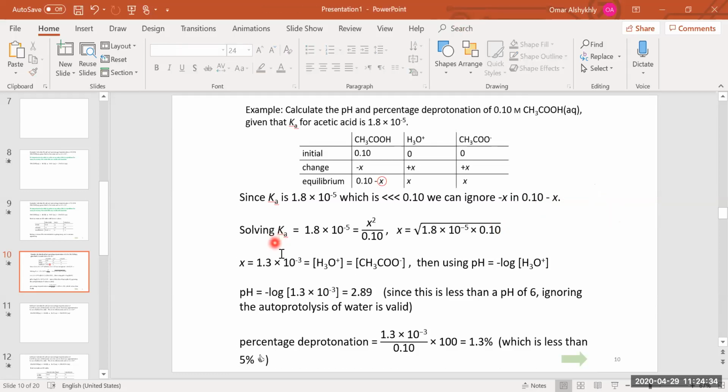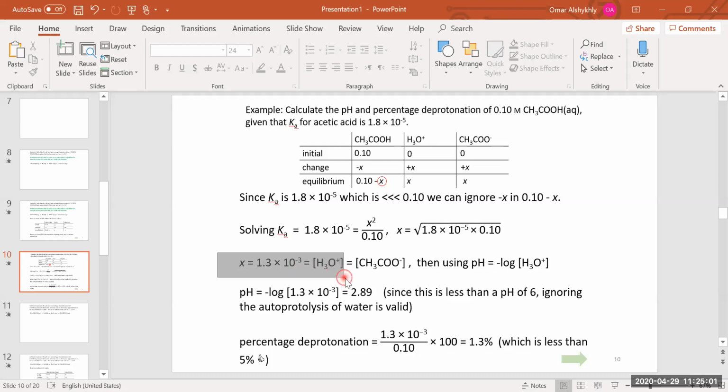Now, when you do the approximation, we have this situation. Ka equals x squared divided by 0.1, and x will equal this. Do the math, you will find x equals that one.